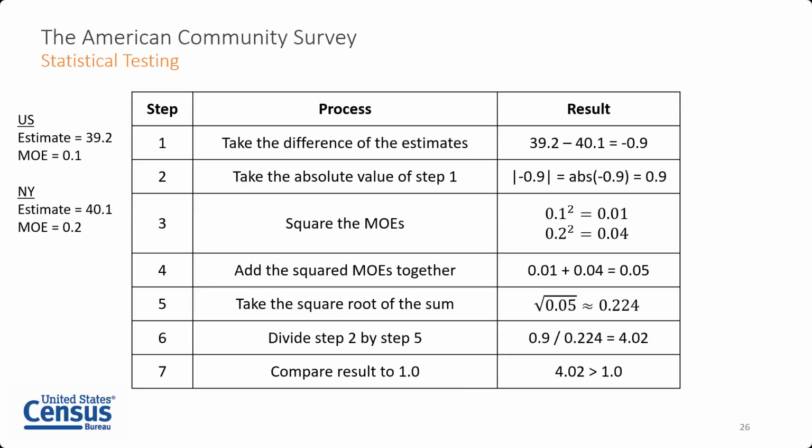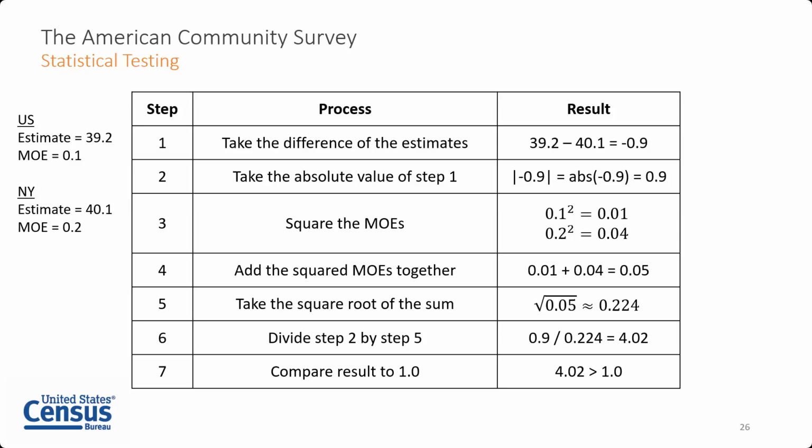In step 3, we square the MOEs of each estimate. For the US MOE, 0.1 squared is 0.01. For the New York MOE, 0.2 squared equals 0.04. Next, we add the squared MOEs together. So we add 0.01 to 0.04 and obtain 0.05.